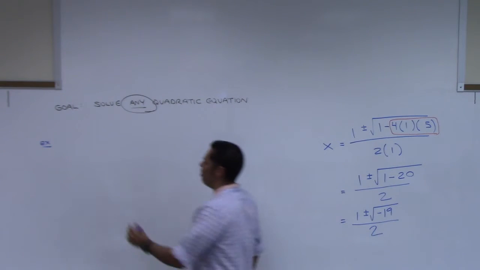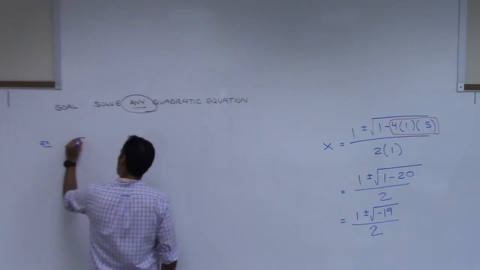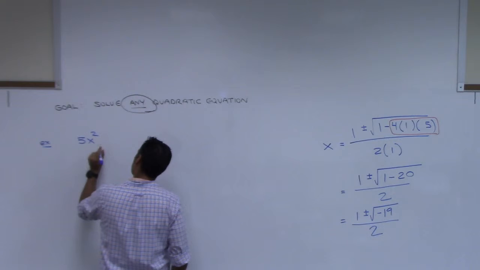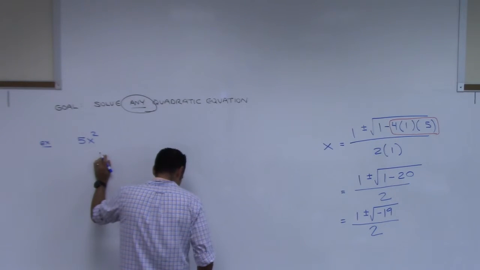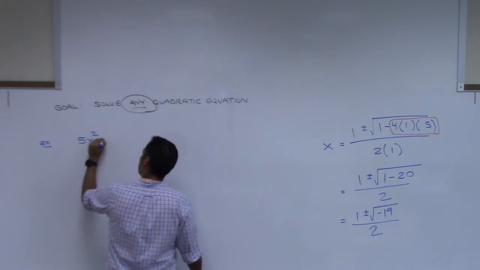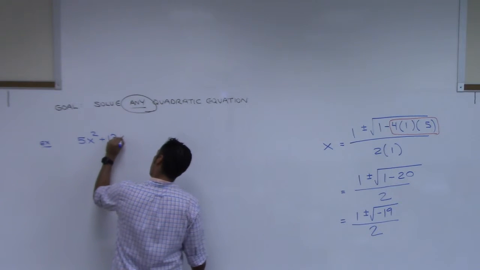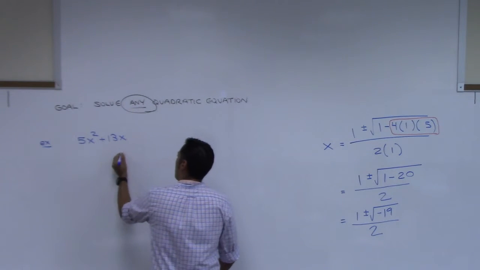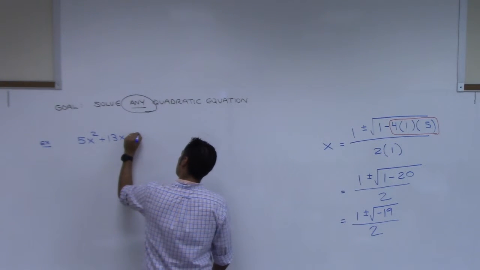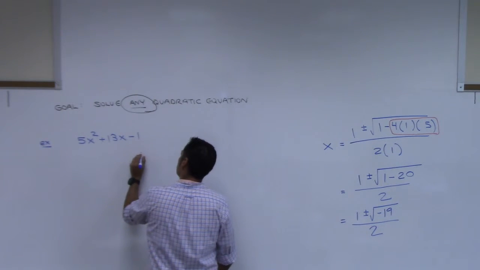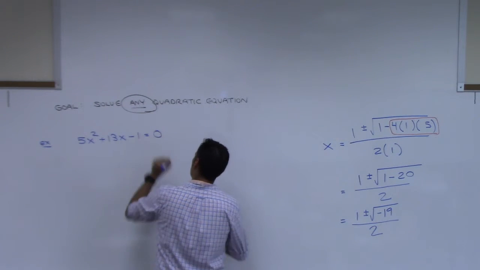Okay, I want you to solve 5x squared plus 13x minus 1 equals 0.